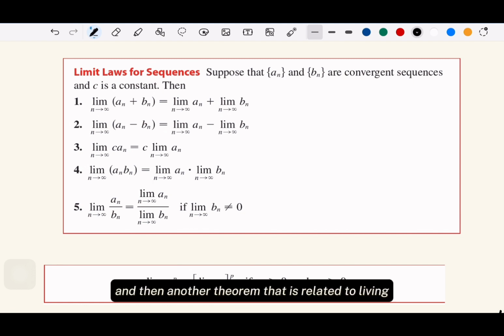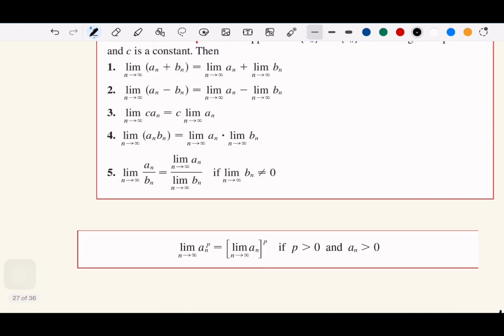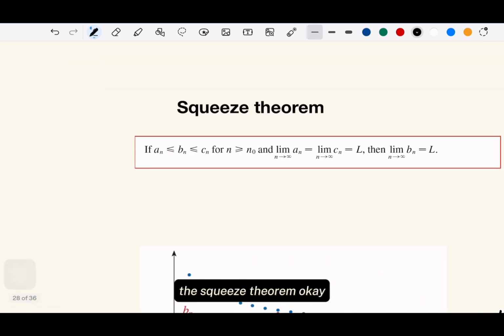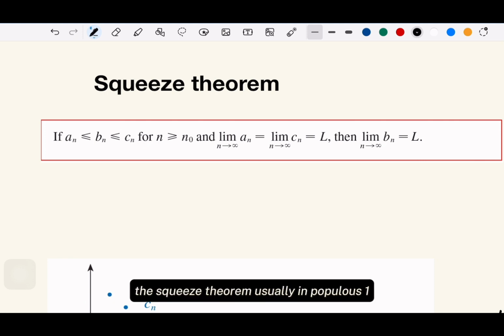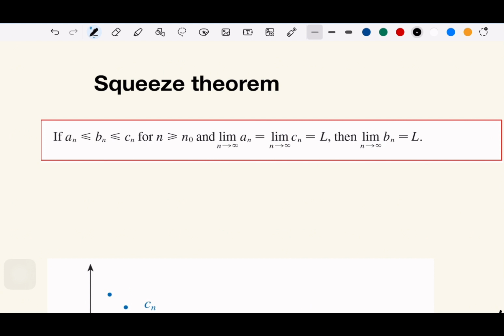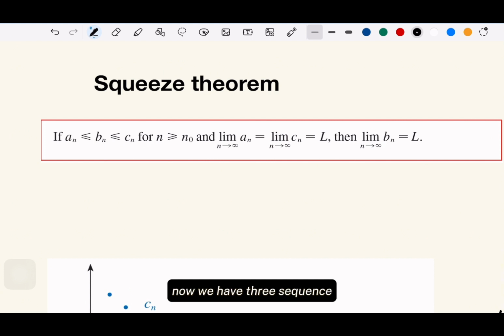And then another theorem that is related to limits, and I think also important to check, is the squeeze theorem. Usually in calculus 1, we have three functions, f, g, h. Now we have three sequences.